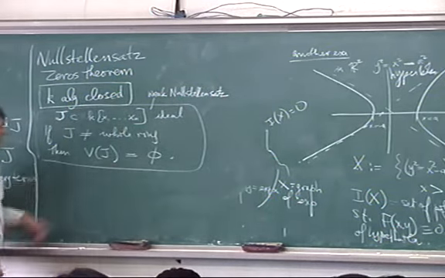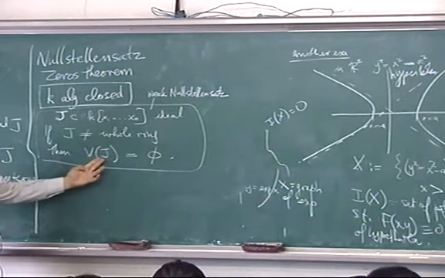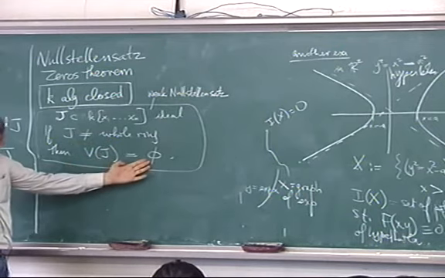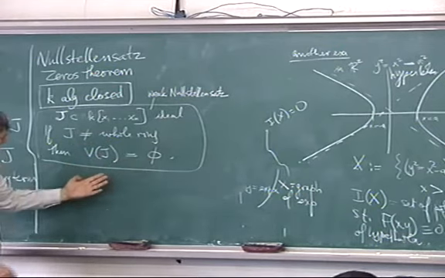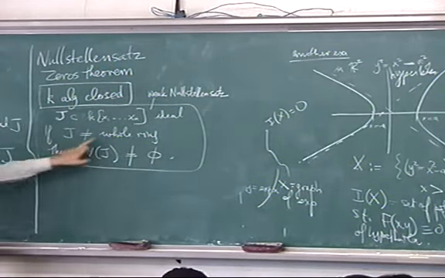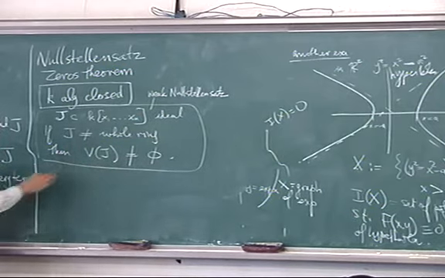Right. So if J was equal to the whole ring, then when I write down this V of J, I'm including the equation 1 equals 0, and then I get the empty set. If J is not the whole ring, then V of J is not empty.